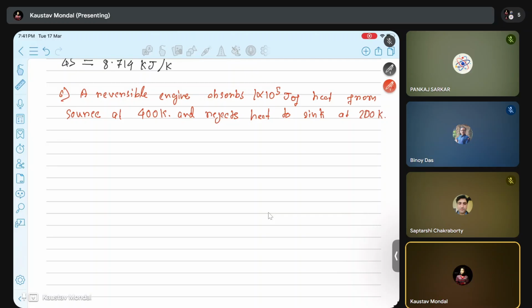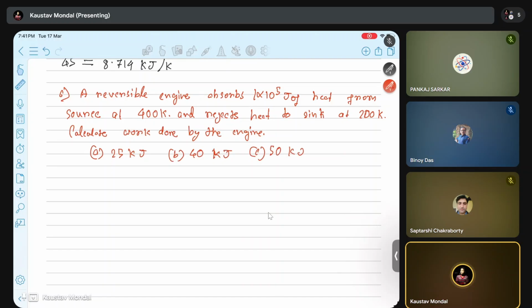Calculate the work done by the engine. The options are option A 25 kilojoule, option B 40 kilojoule, option C 50 kilojoule, and option D 100 kilojoule.